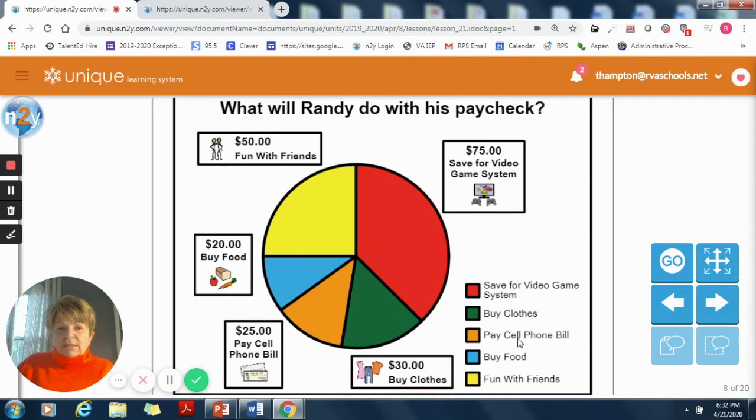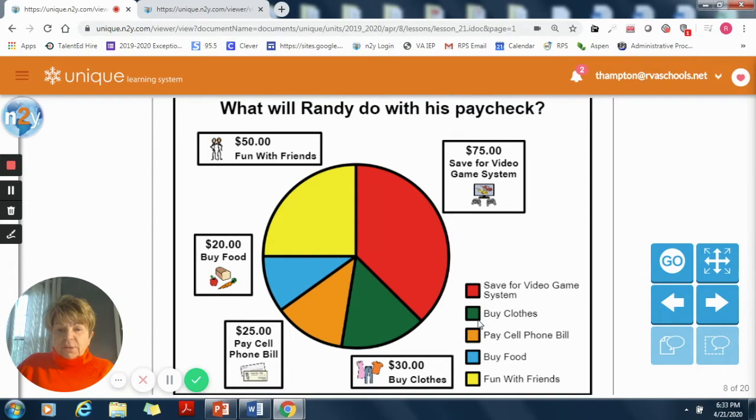What does that orange section represent? Paying for his cell phone bill. Very good. So right here, he's paying for his cell phone bill, and how much money? $25, right.